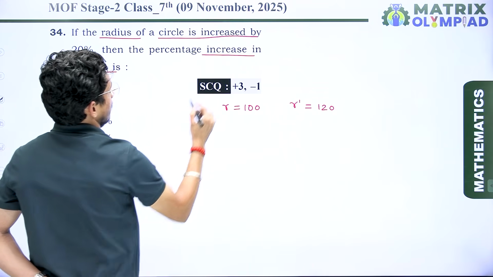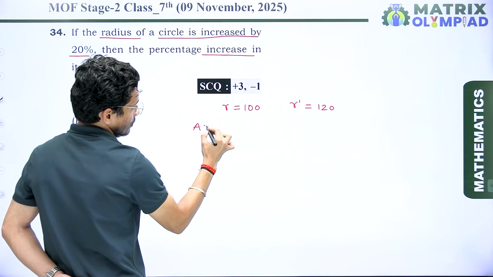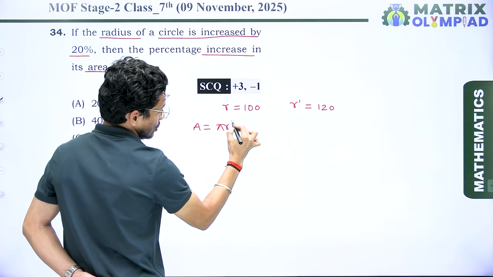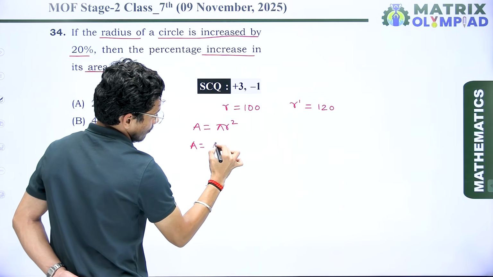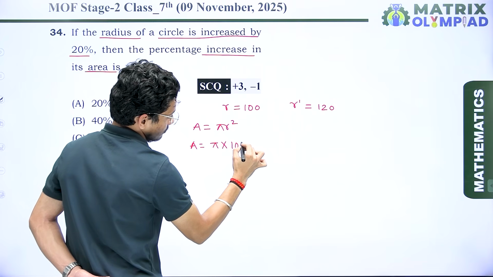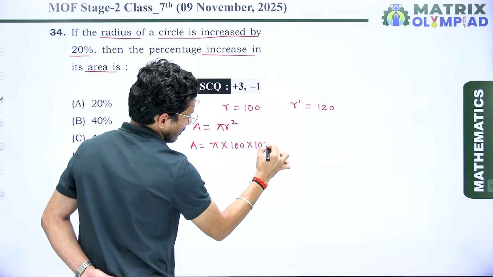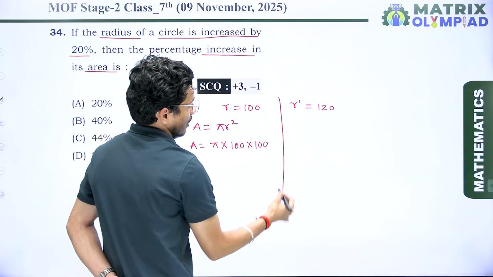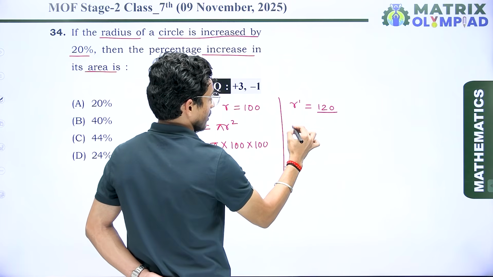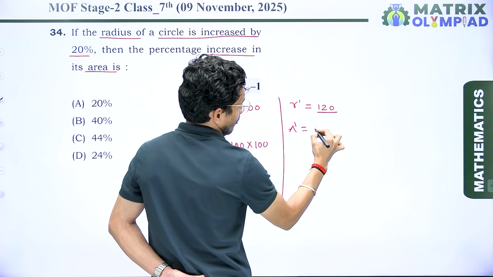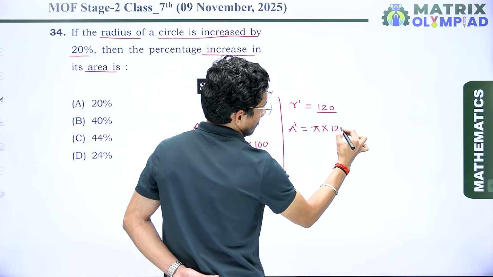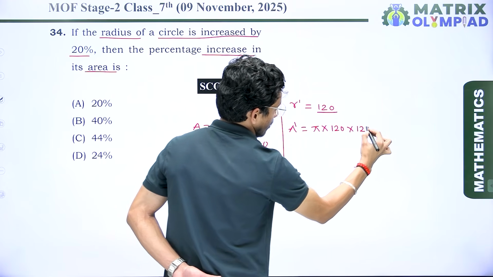Then we have to find the area. The old area, we know A is equal to pi r square, so A equals pi multiply 100 multiply 100. After increasing the radius by 20%, the new area is equal to pi multiply 120 multiply 120.